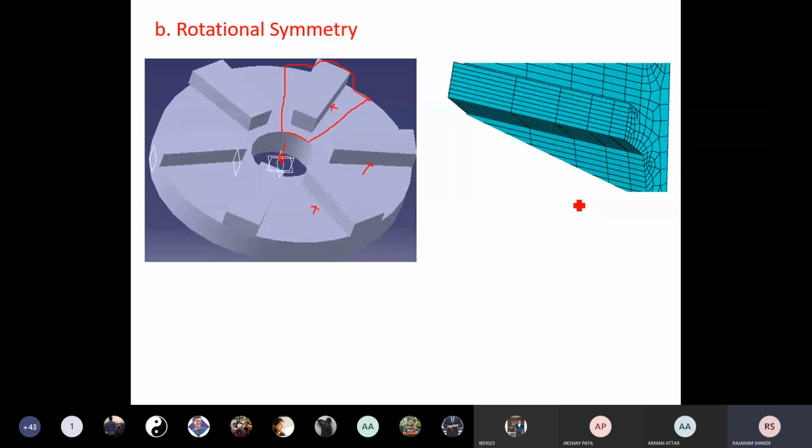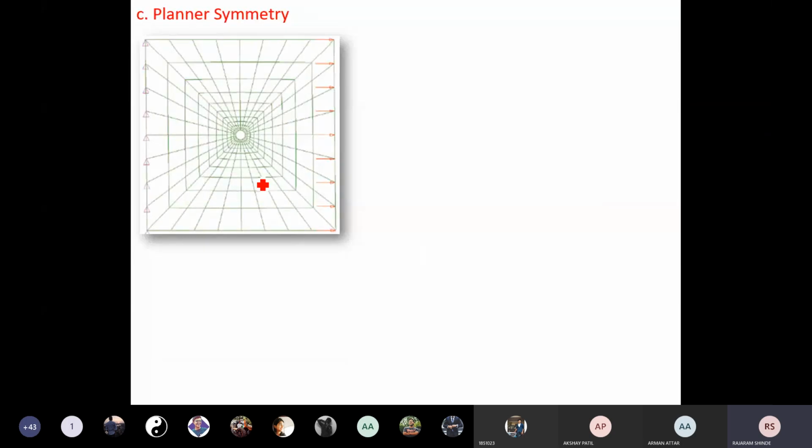Okay, next type is planar symmetry. Already I have explained. You see here, this is also one plate with hole. It is already meshed, and it is a complete domain. Actually this approach of solving the problem is not correct, because here this edge is fixed, that is supported, and loading is at this location. Now if it is symmetric, it is not necessary to go for complete modeling. Here it is symmetric about this vertical plane as well as about the horizontal plane.